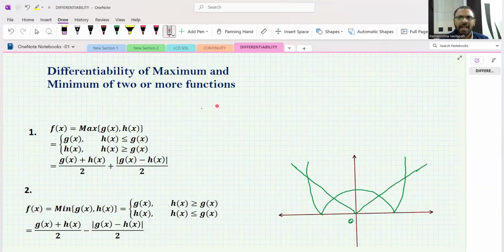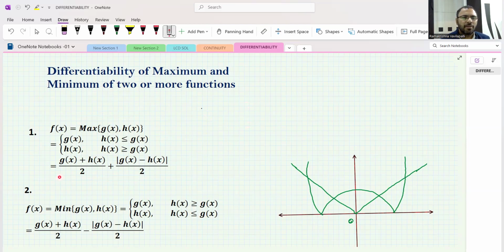There is an alternative way of expressing this maximum of g of x and h of x. Sometimes in the examination, you will find this kind of expression, and it is very difficult to notice that it is equal to the maximum of g of x and h of x.